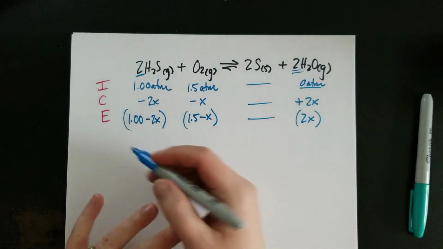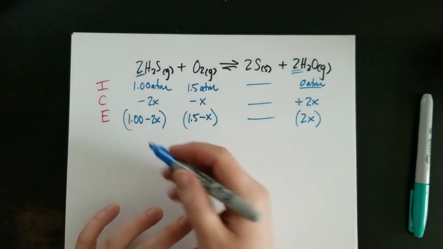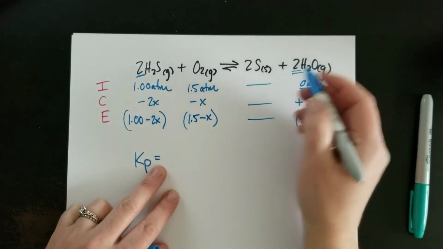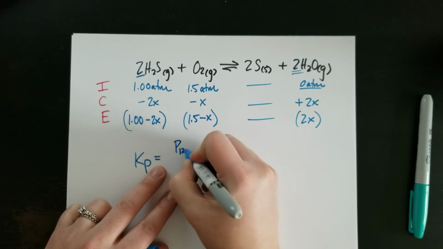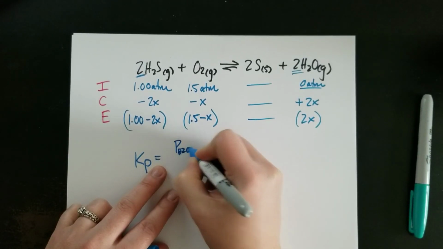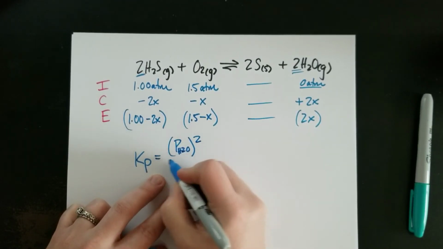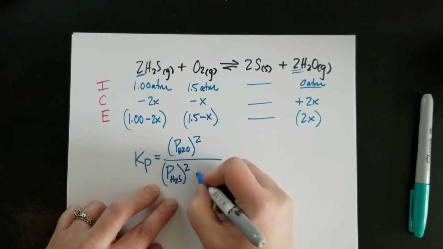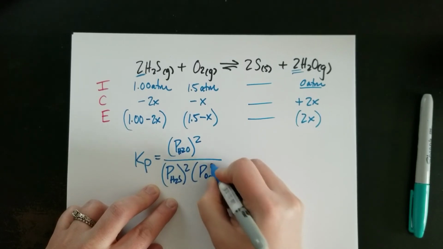Now, just to finish this out conceptually, I'm not going to solve anything here. But if I was going to plug in for my KP expression, I would have the partial pressure of the water squared all over the partial pressure of the H2S squared times the partial pressure of the O2.